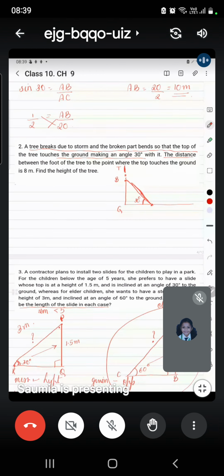Then what is the question? The distance between the foot of the tree to the point where the top touches the ground is 8 meters. Foot of the tree is this, and the point where the top is fallen down is this. This distance is given to us as 8. We have to find out the height of the tree.